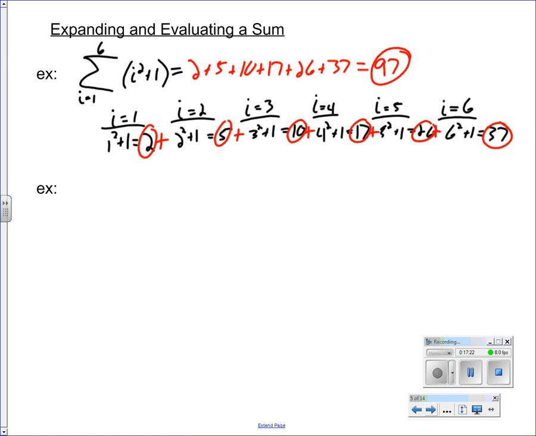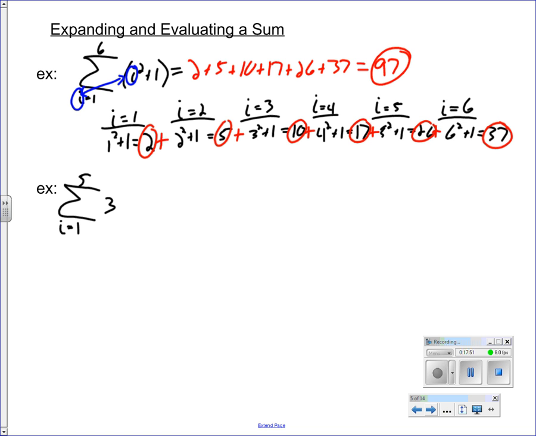So one thing to make sure of when you're evaluating these sequences: make sure that the index of summation matches what's actually under the sum. Anything that doesn't match that index, you can't plug in. So I'll do an example down here. If there's no index in our sum, so take the sum from 1 to 5 of 3.